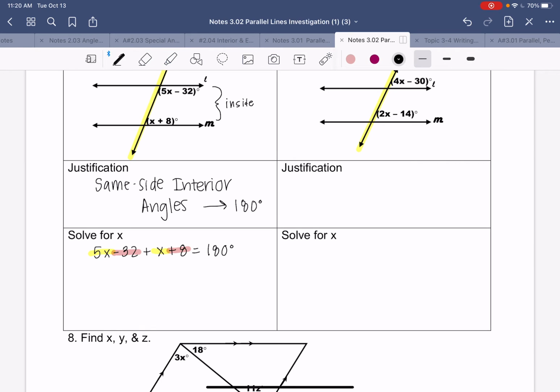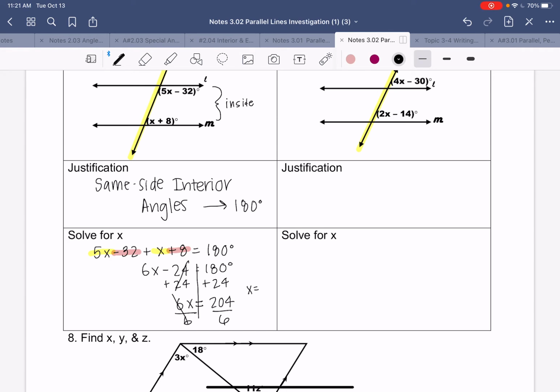So 5x plus x is 6x, and then negative 32 plus 8 is negative 24, equals 180. Now I can solve for x. So I'm going to add 24. I'm left with 6x equals 180 plus 24, which is 204. And then divide by 6.